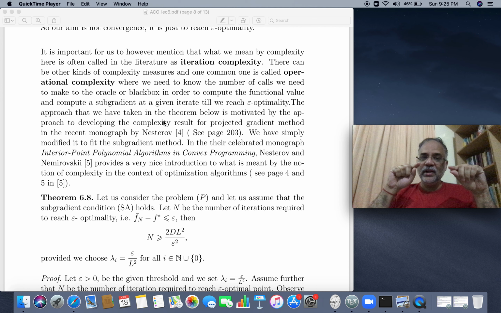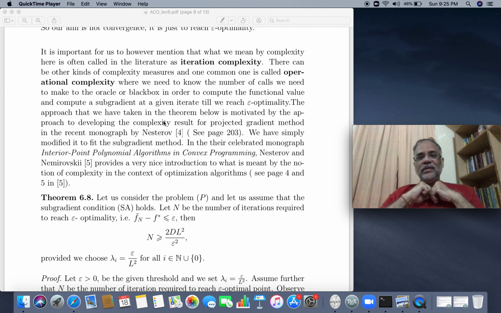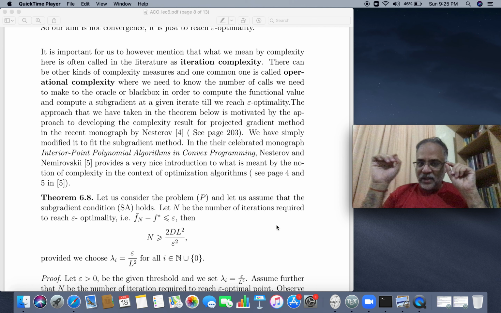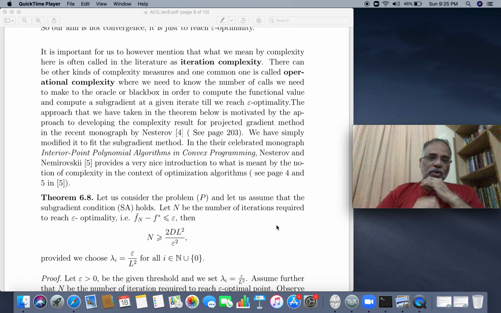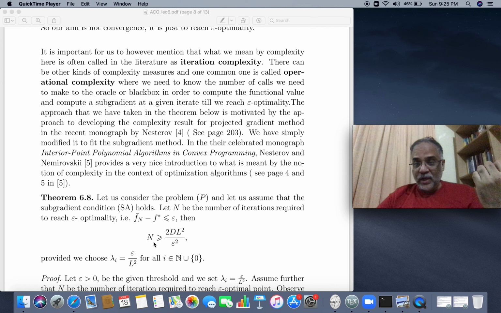What I am interested in is using this inequality as my definition of epsilon optimality: f bar n, where n is the iteration number where you want to stop, minus f star is less than epsilon. That is my definition of epsilon optimality now. So I want to know the minimum number of n in which I will reach this condition, given the epsilon.